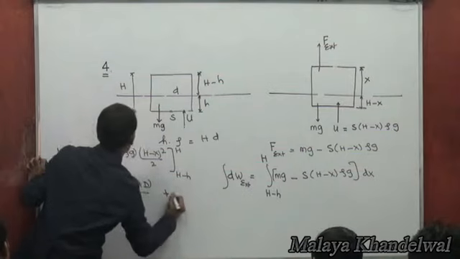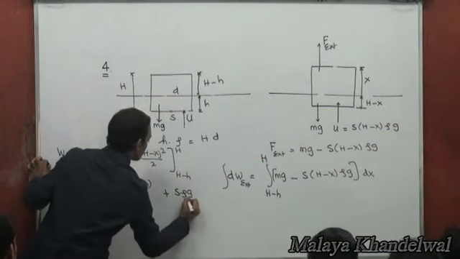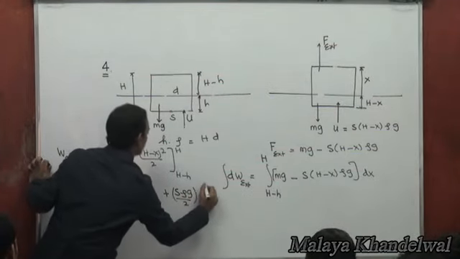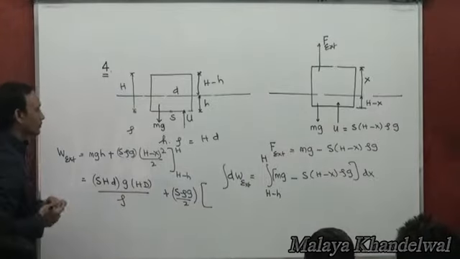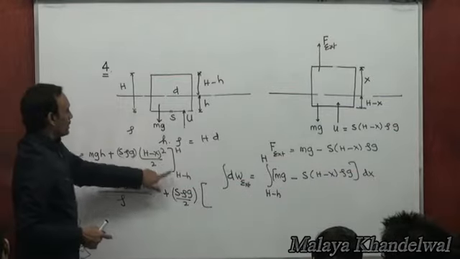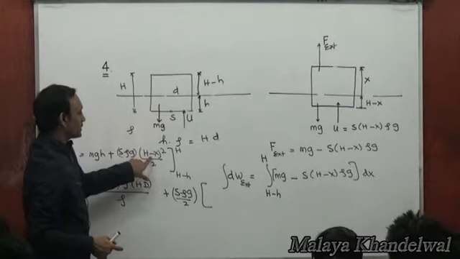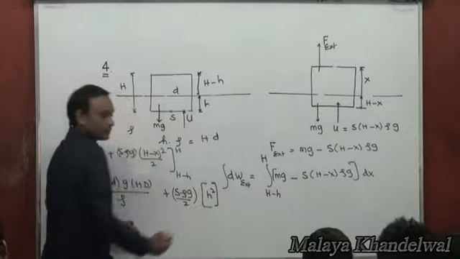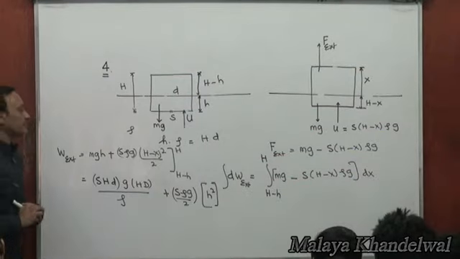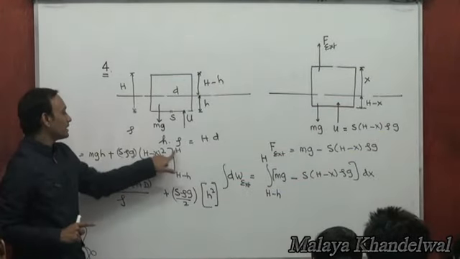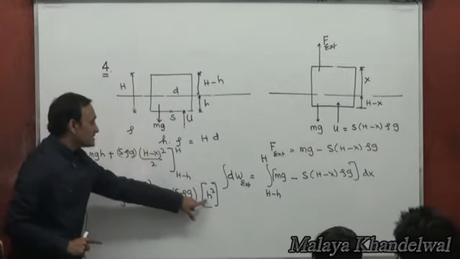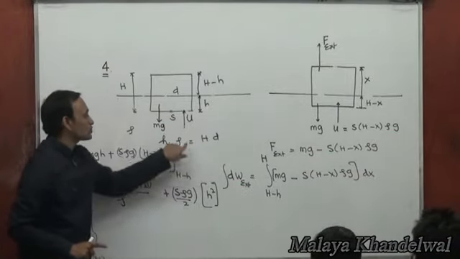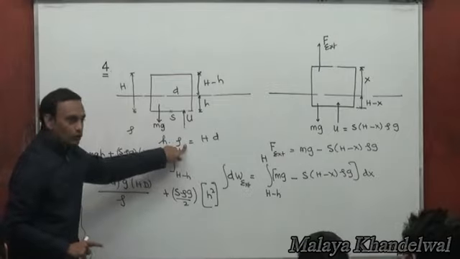And then you have S rho g by 2, when x is H minus h, so this will become h squared, and when x is capital H, it will become 0, and this h squared I can replace by Hd whole squared by rho squared.